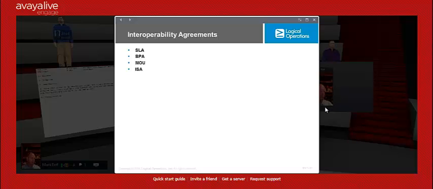An MOU, a memorandum of understanding, that's not necessarily a legally binding document, but it's a less formal business relationship document, if you will. It just sort of outlines in general terms how the two business entities interact with each other, but it's not a legally binding contract.